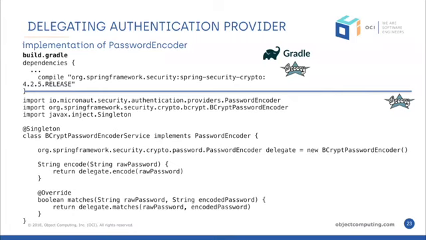The only method that you need to override is matches, where you supply the raw password and the encoded password, and that's it. You basically check that both passwords match, and if that's the case, you consider that the user is authenticated.